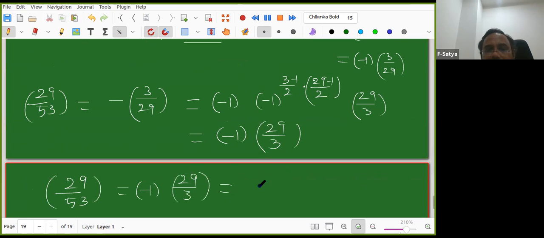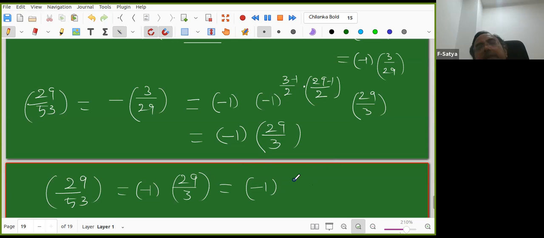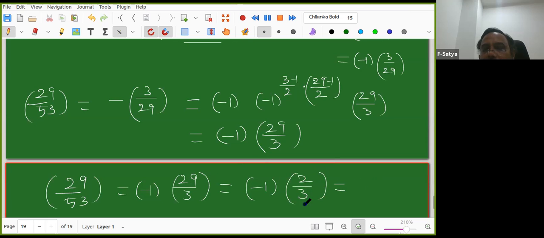But what is next? 29 by 3 can be rewritten as 2 by 3, since 29 is of the form 3k plus 2. What do you know about 2 by 3? That is definitely -1, because 3 is of the form 8k plus 3, 8 into 0 plus 3.